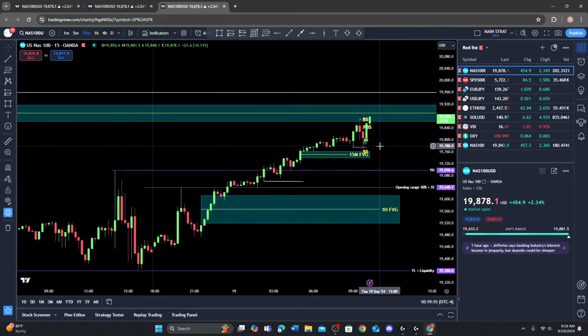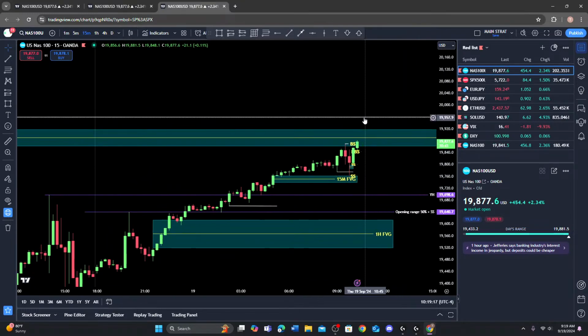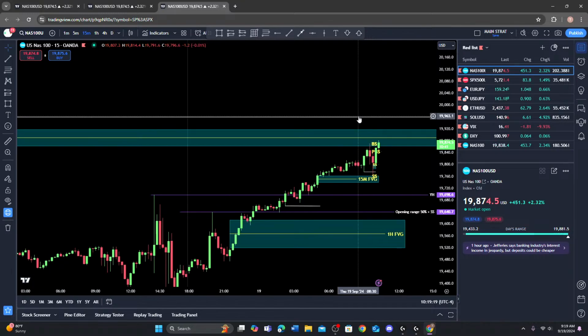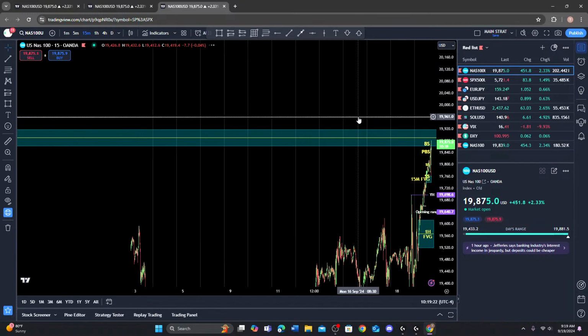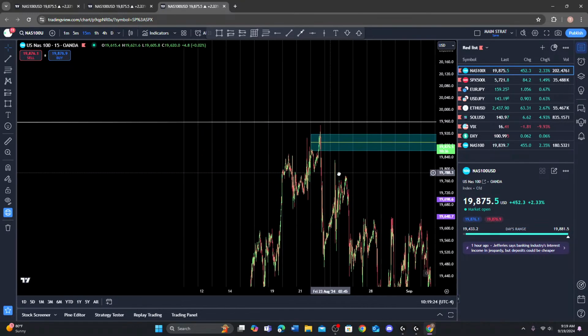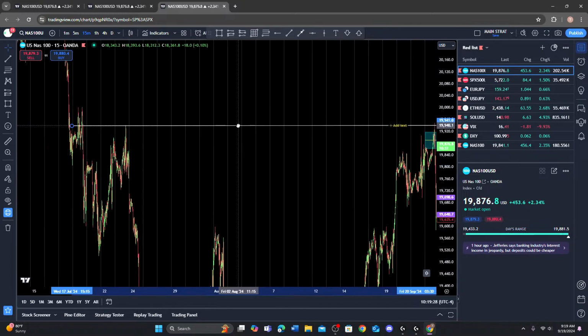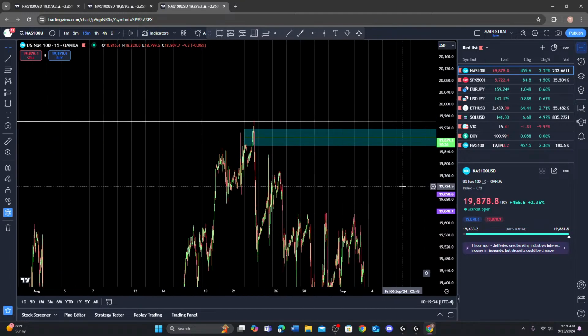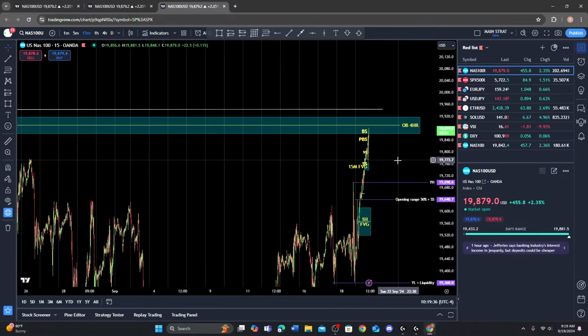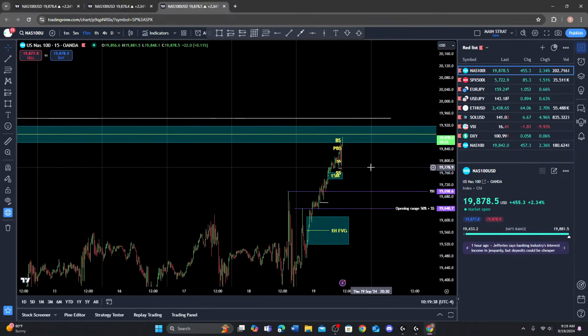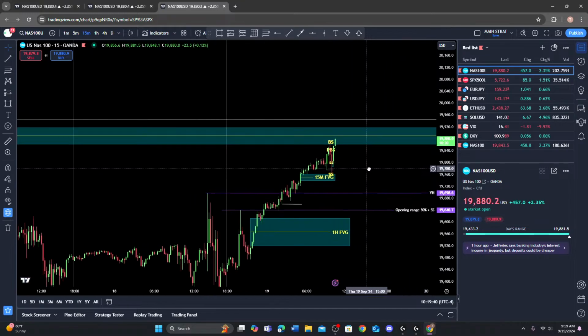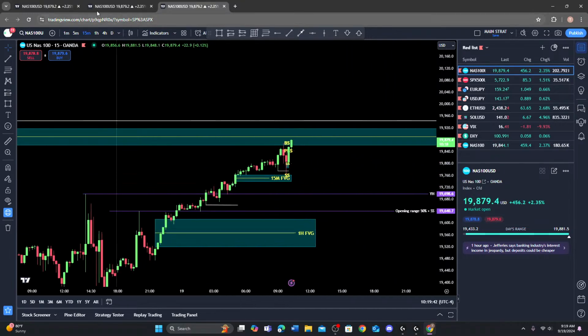It looks like we are going to go for this buy side on the higher time frame chart. We have equal highs here. And price seems pretty adamant to get higher.